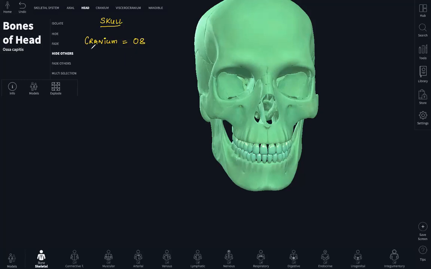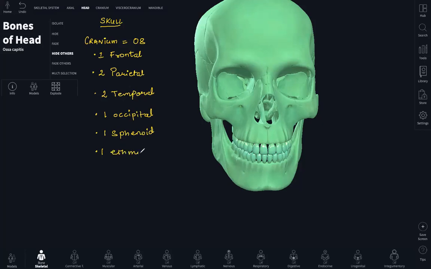The cranium includes 1 frontal bone, 2 parietal, 2 temporal bones, and 1 occipital bone, as well as 1 sphenoid and 1 ethmoid. So in all, these are the 8 bones.